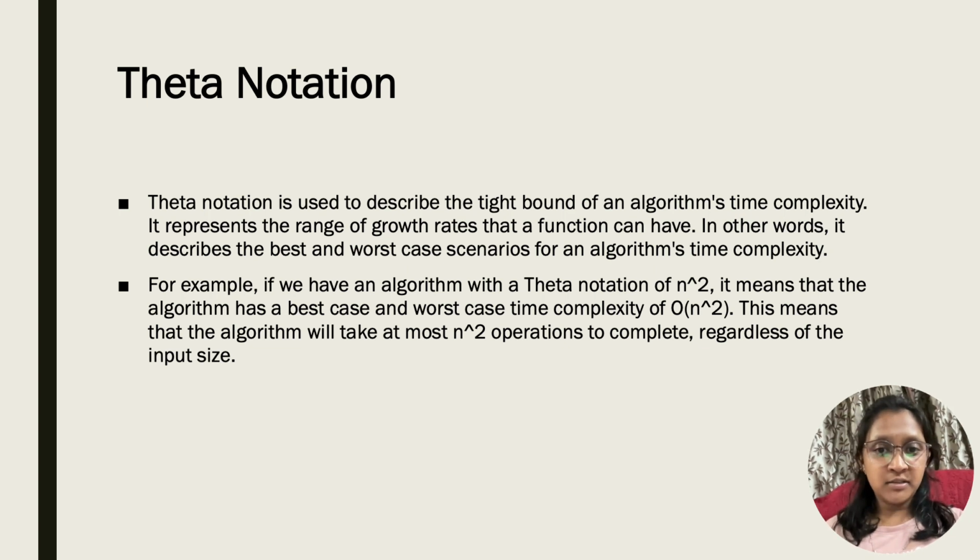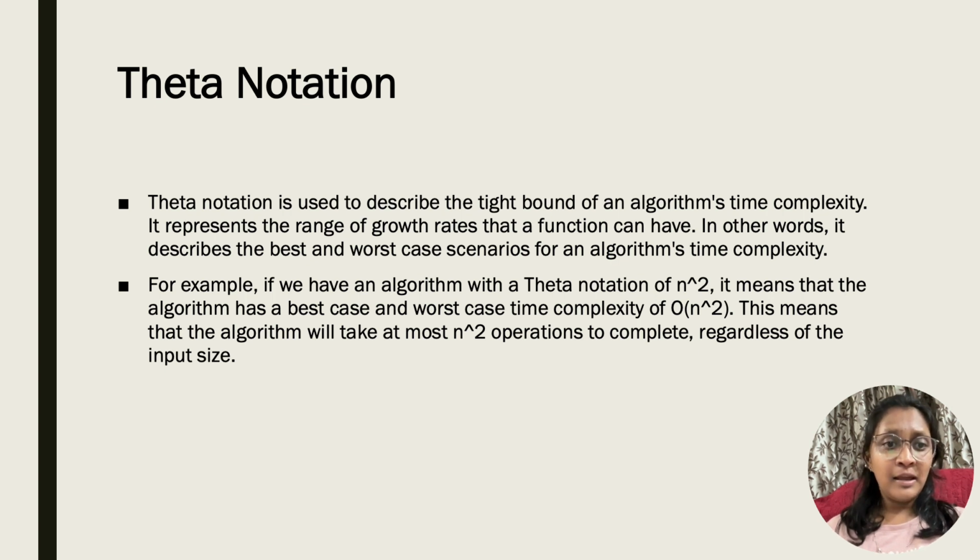And now let us discuss about theta notation. Theta notation is used to describe the tight bound of an algorithm's time complexity. It represents the range of growth rates that a function can have. In other words, it describes the best and worst case scenarios for an algorithm's time complexity.